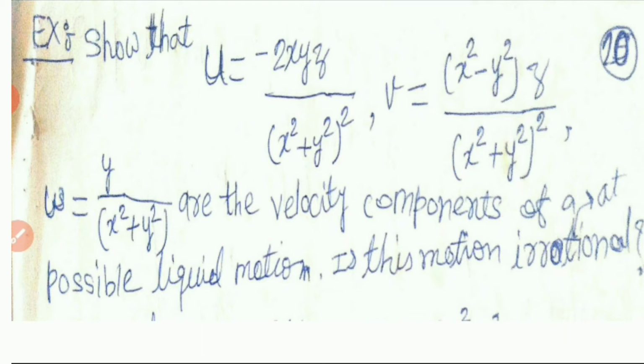So if curl q is 0, then motion is irrotational. We know that if curl q is 0, then motion is irrotational. So we will see, we calculate whether this curl q will be 0 or not.